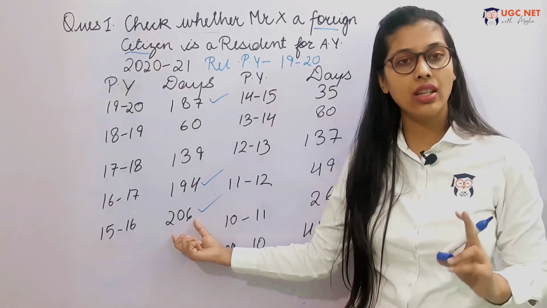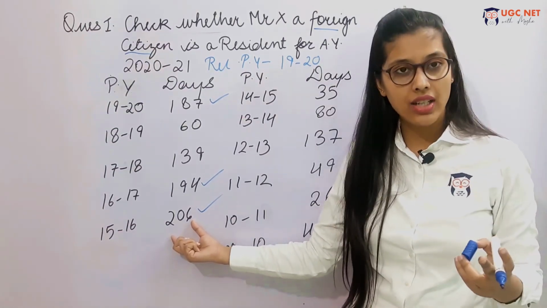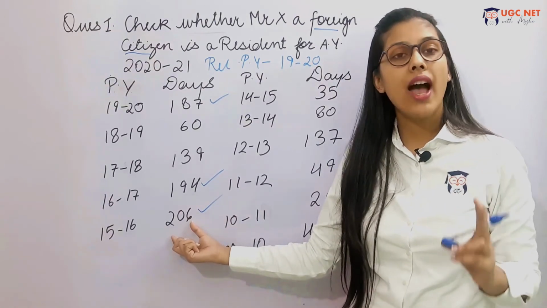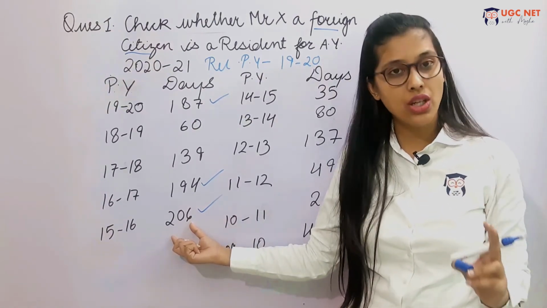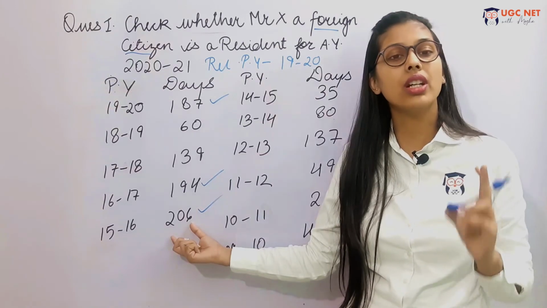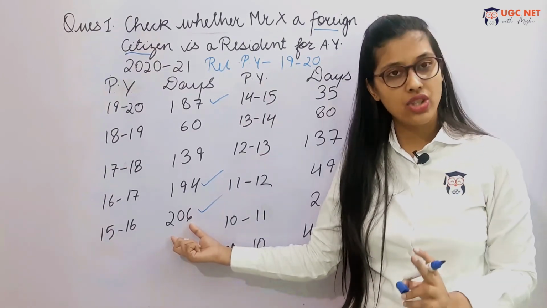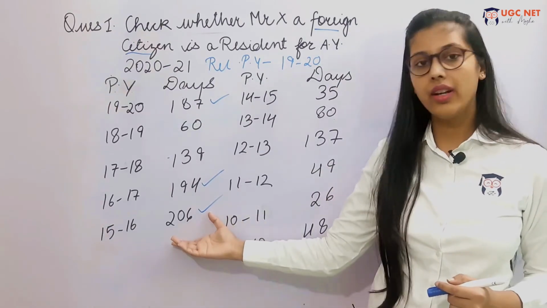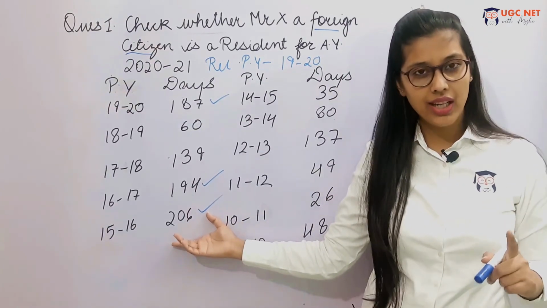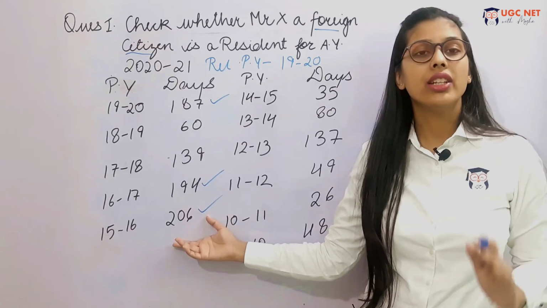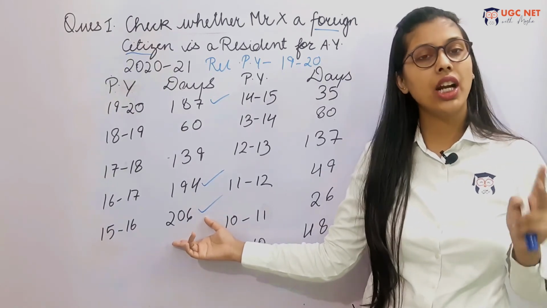Now we will be checking the second additional condition, which says that he should have stayed in India for more than or equal to 730 days during the 7 years immediately preceding the relevant financial year. So now we know that Mr. X satisfies the first additional condition. Now we are going to check whether he satisfies the second additional condition or not.